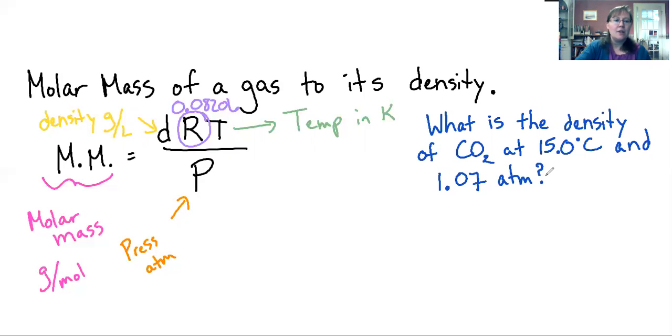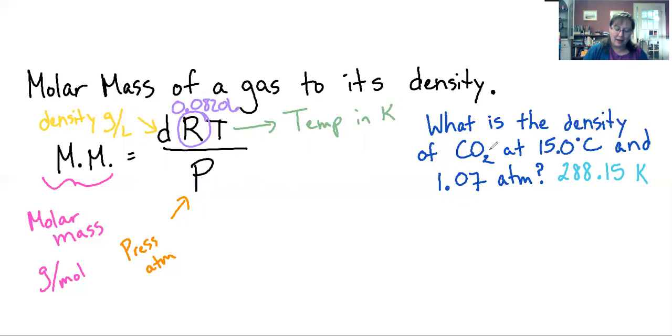In this case, the first thing that we always do is to change our temperature from Celsius to Kelvin. So 15 plus 273.15 gives us 288.15 kelvins. And I just found the molar mass of my carbon dioxide, but I didn't write it down.